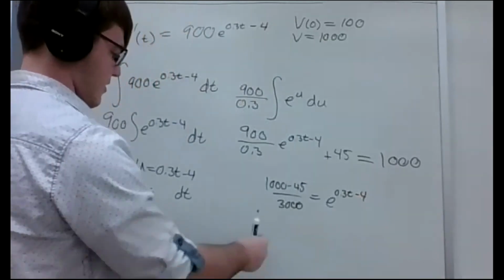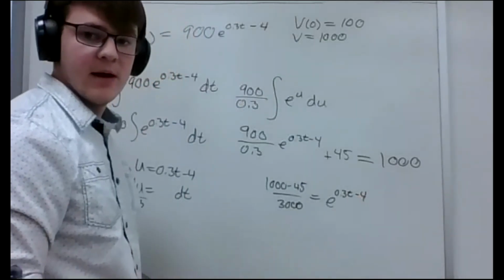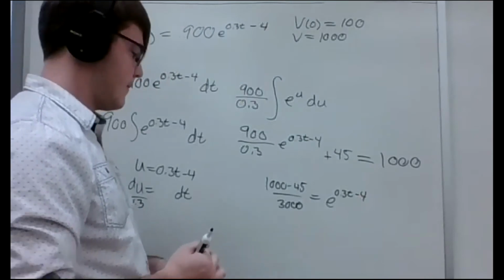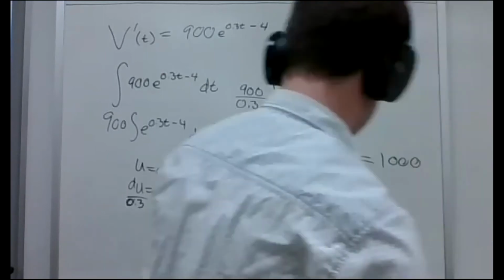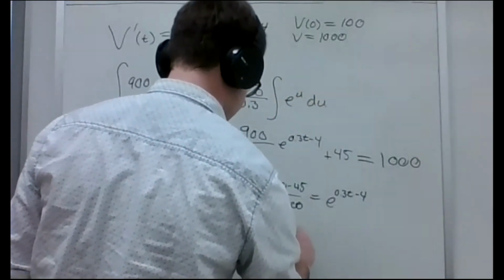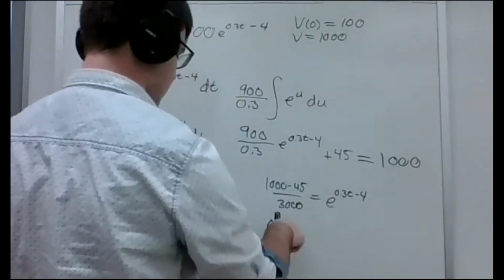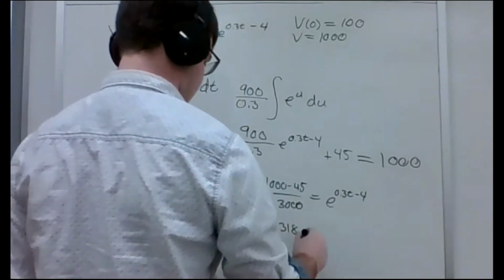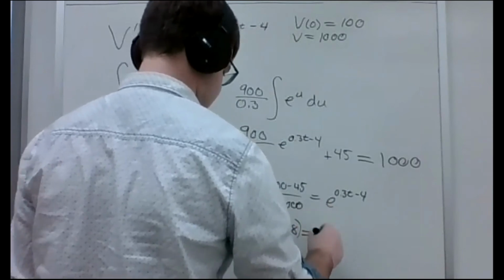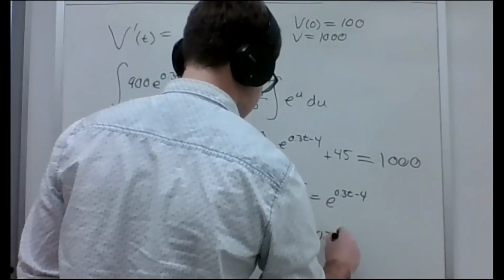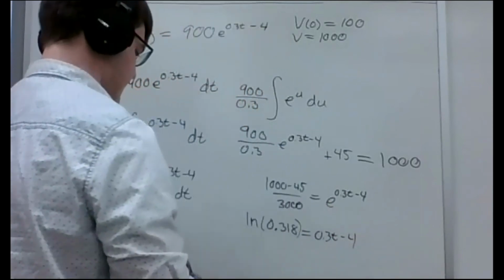You're faster on the calculator, so what does this come out to be? Let's see, now you put me on the spot. 0.318. All right. We take the natural log of that to get rid of this e. And so it'd be 0.3t minus 4.